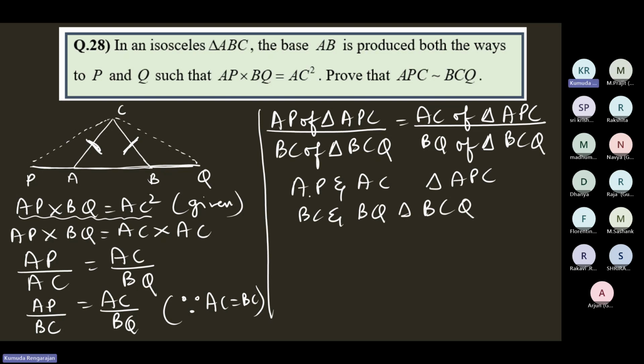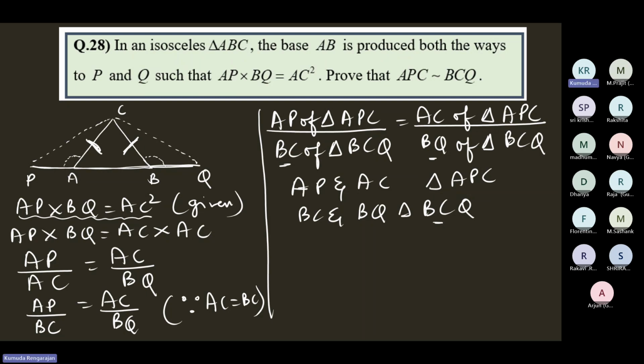Now the angle included by AP and AC, this is the angle included by the sides AP and AC of the triangle APC. The angle included by the sides BC and BQ of the triangle BCQ is this one, this angle.